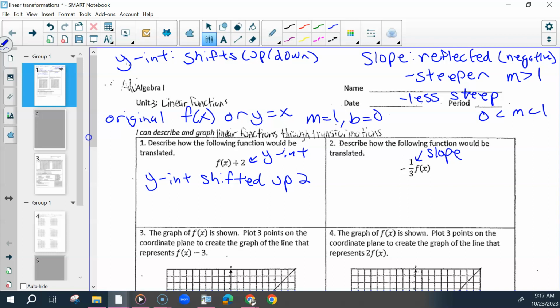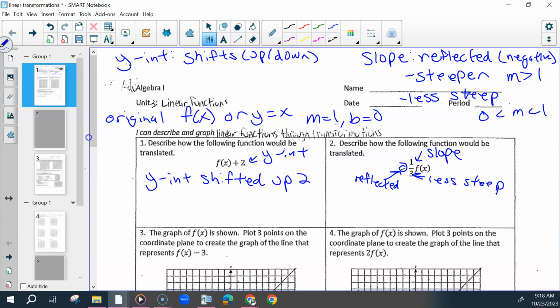Reflected. So that's just about this part. The 1/3 would be which of these transformations? Would it be steeper? Is it greater than 1? It would be less. So we would say both of those things.